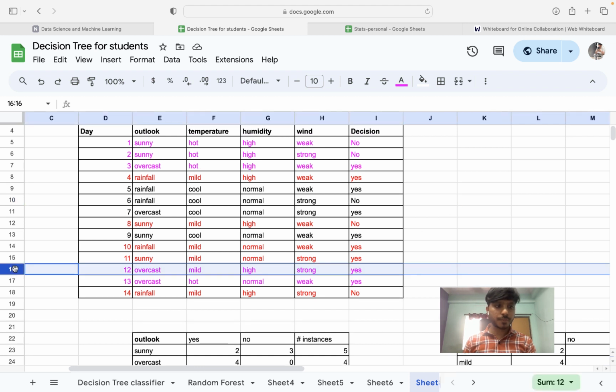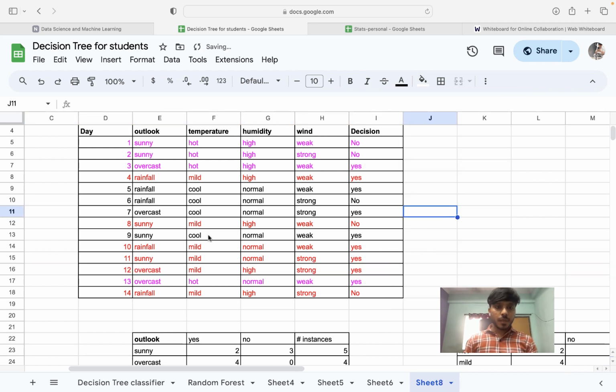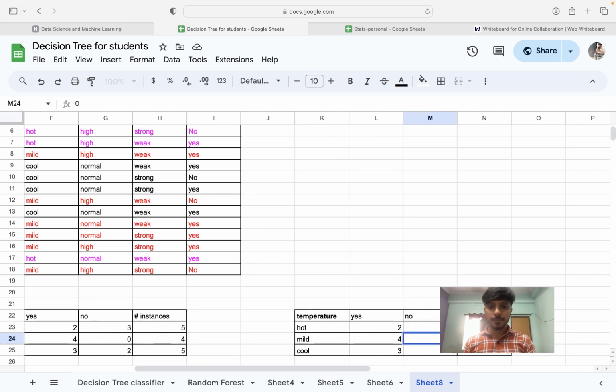It should be red itself. We are going by mild. Okay, all are mild selected. 1 yes, 2, 3, 4 yes and 2 no, right? 4 yes and 2 no. This is 6.